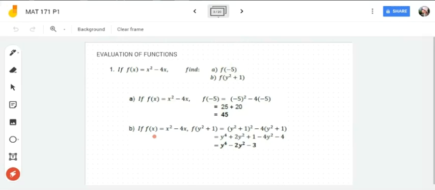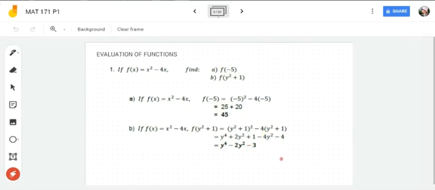Okay, next, let's evaluate this function. The example is still the same function, x squared minus 4x, but now the value of your x is y squared plus 1. Substituting this value to your x here and here, you will have the quantity y squared plus 1 squared, minus 4 times the quantity y squared plus 1.